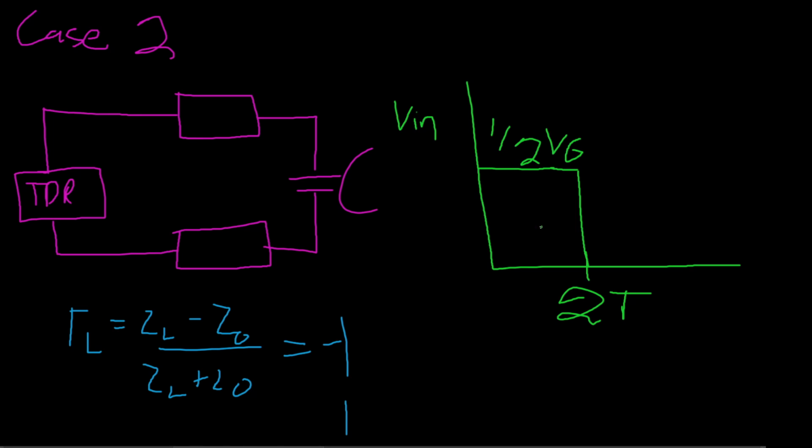As it goes to steady state, it's going to go from 1/2 VG, and then all the way up to VG, because you're adding it to VG now. And that's what a capacitor does.